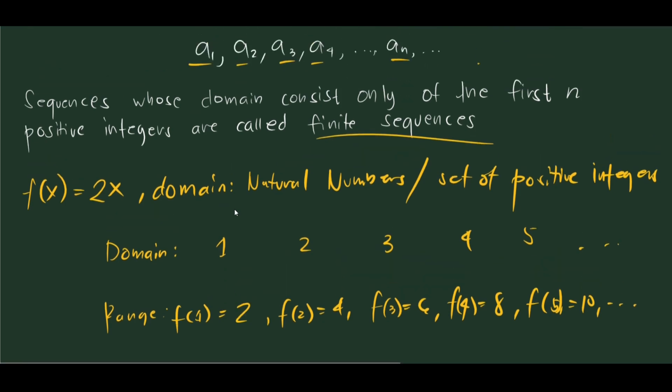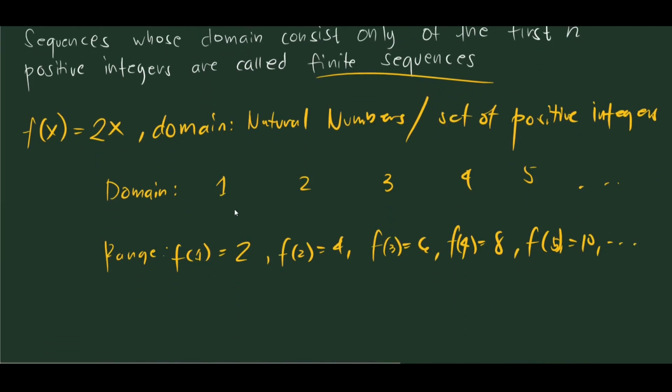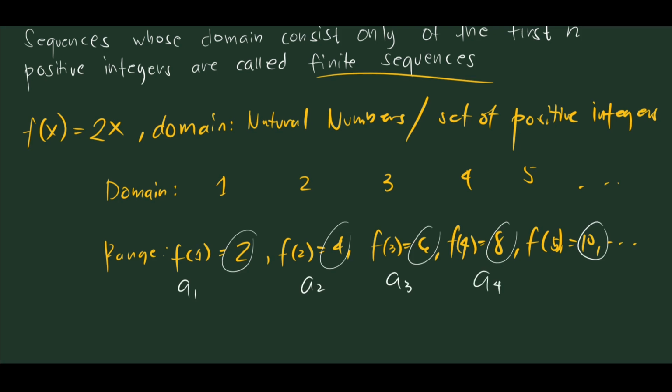It says here in the definition that the terms of the sequence are represented by a1, a2, a3. So which are the terms of the sequence here? The terms of the sequence are these values. This is our a1, this is our a2, this is our a3, a4, and a5, and so on until an.